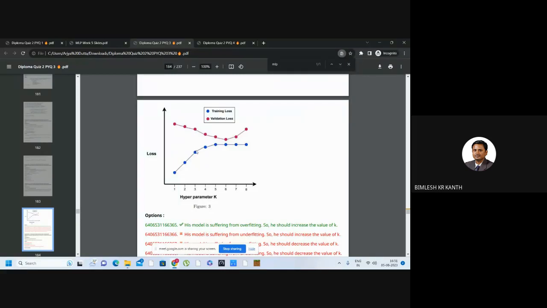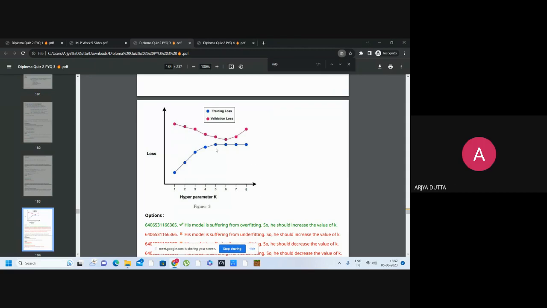Now, if we increase k to the converging point, say k equal to 6, then both are kind of optimal. Even though the training loss is increasing, validation loss is decreasing, so generalization is better. After k equal to 6, validation loss is increasing again, so we shouldn't increase beyond k equal to 6.